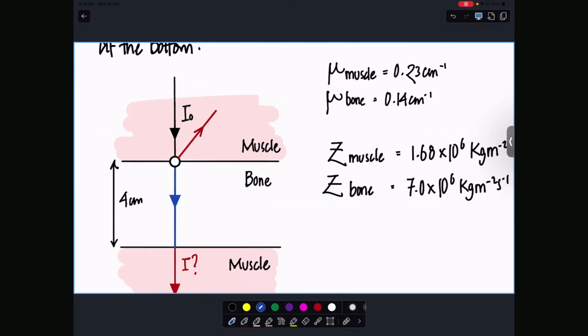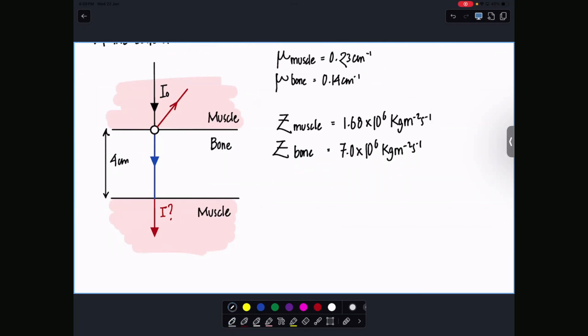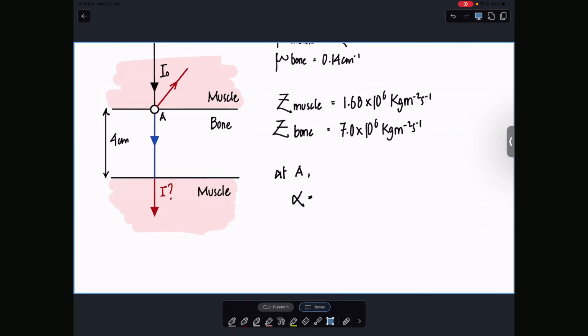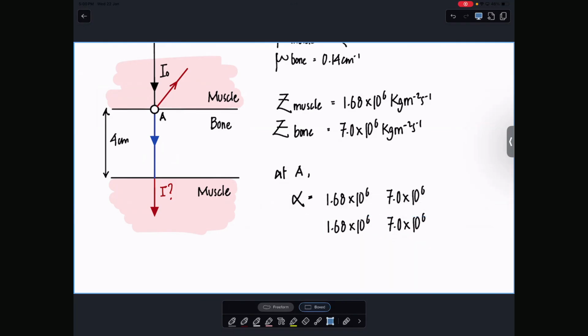Could you find the I here? Sorry, alpha. So এটাকে A বলি আমরা। At A, alpha কত? So কেমনে বের করব? এই values গুলো use করে। This one minus that one divided by this one plus that one.